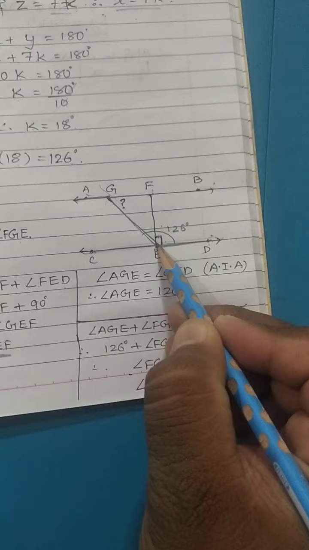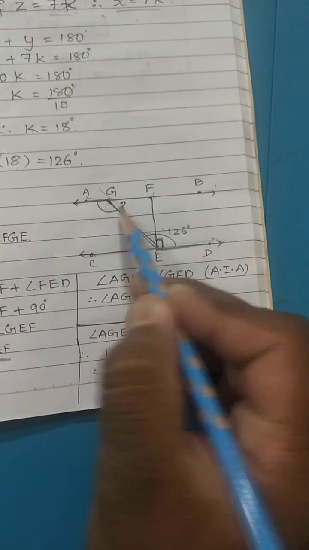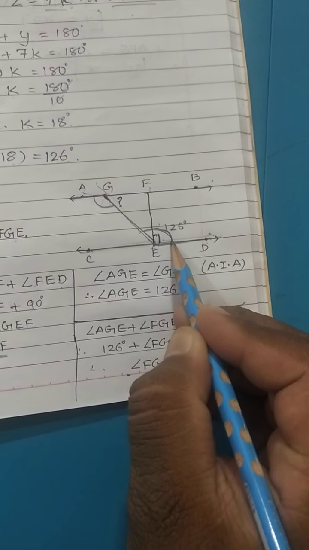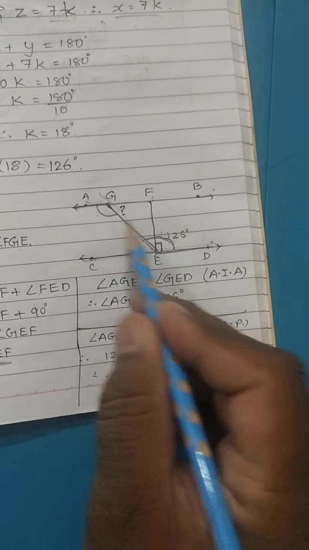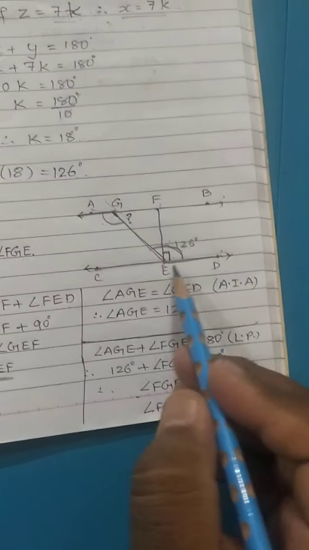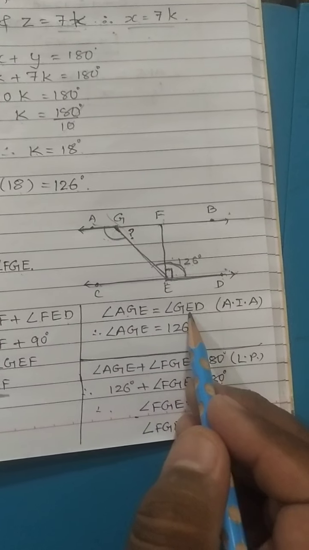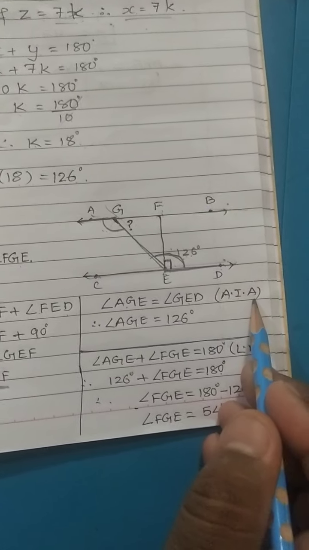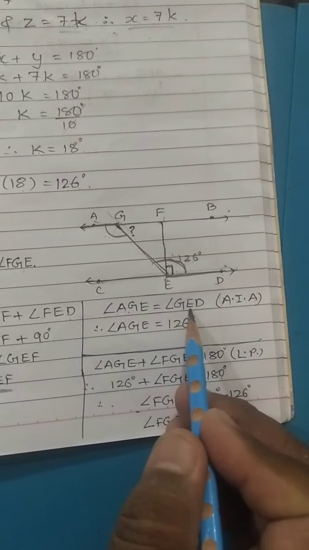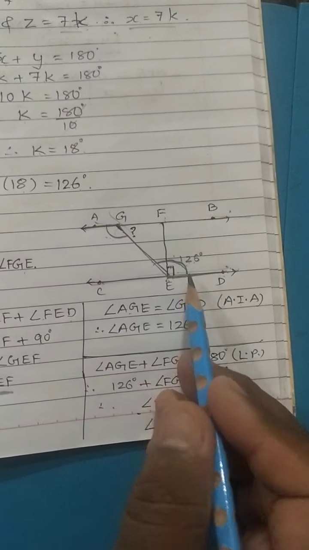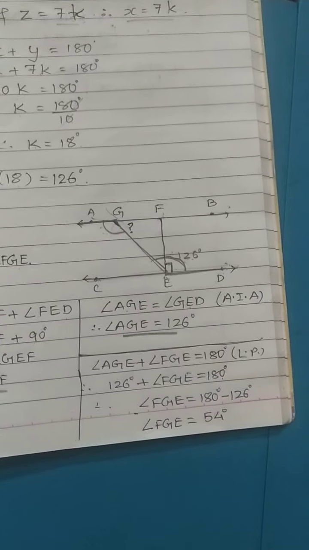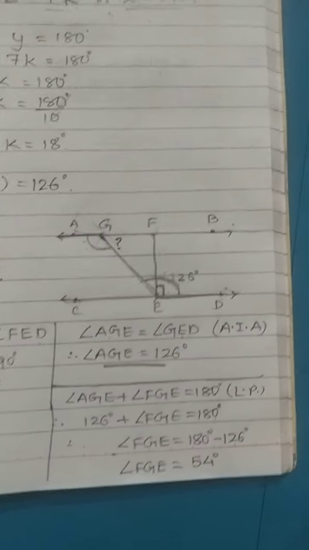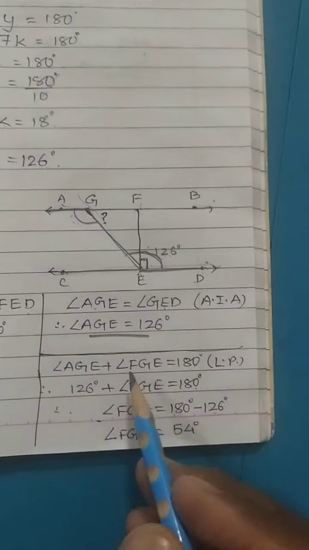So we can say this angle and this angle are alternate interior angles. So AGE and GED are equal, alternate interior angles. And GED is given to us as 126. So AGE is also 126. Right? Okay.